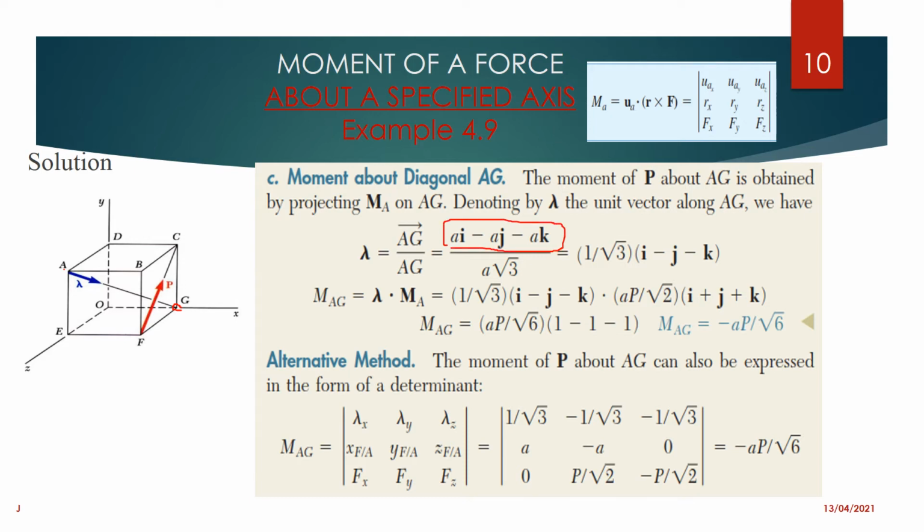Once you do that, you want to find the magnitude of that AG, which is just the square root of a squared plus a squared plus a squared. When you simplify that, you are going to find your magnitude to be that.